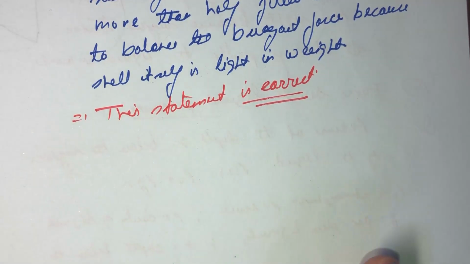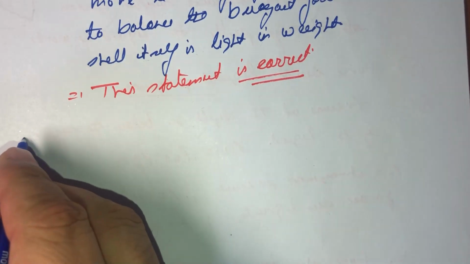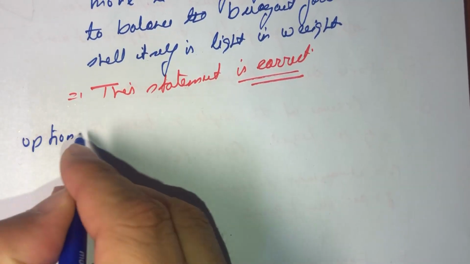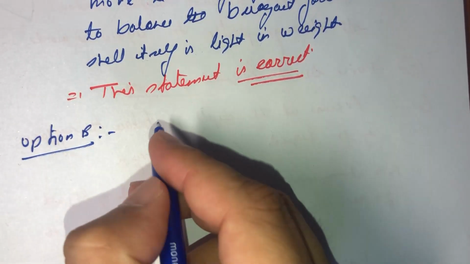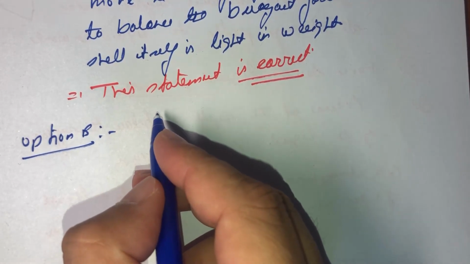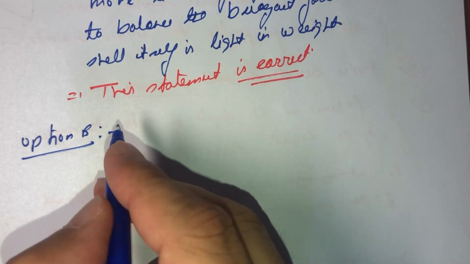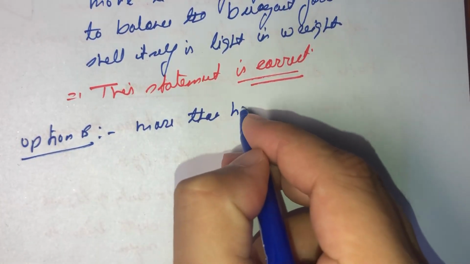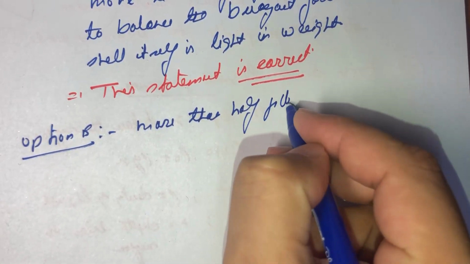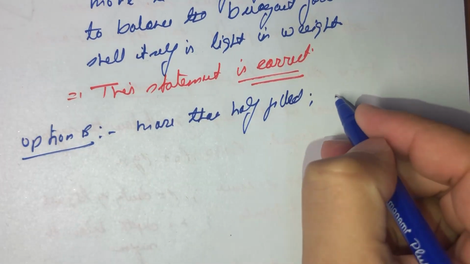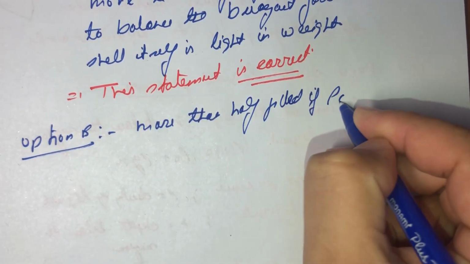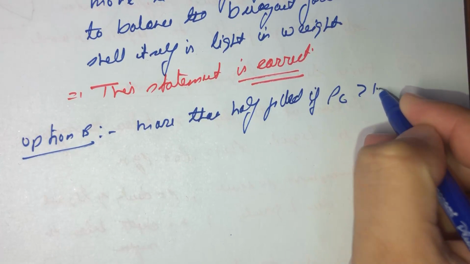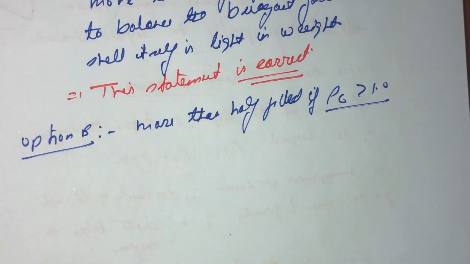Now let us check option B, which states that more than half filled if rho c is more than 1.0.